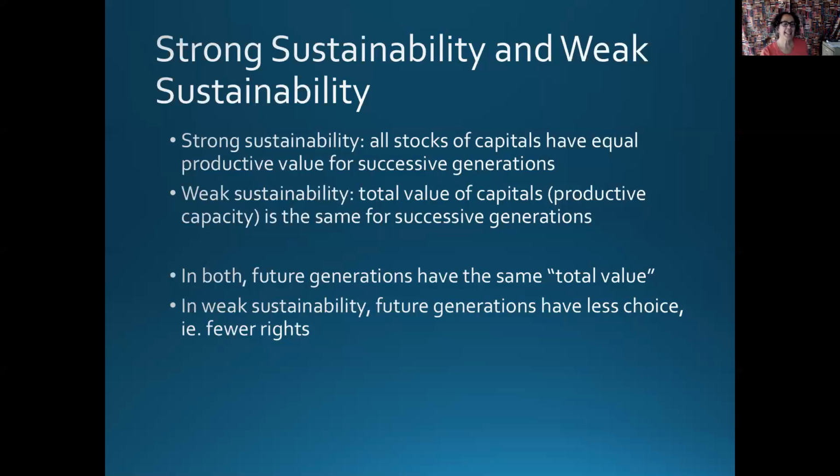And that is one of the reasons why people talk more about resilience now than they do about sustainability. But these are still important core ideas when you think about what future generations are going to have to choose from. I think it's good to go to these definitions and think about them.